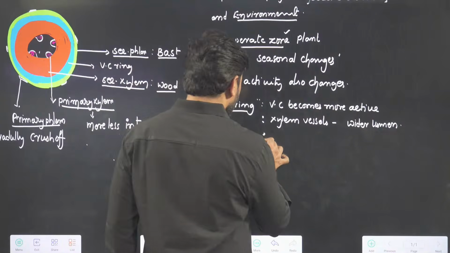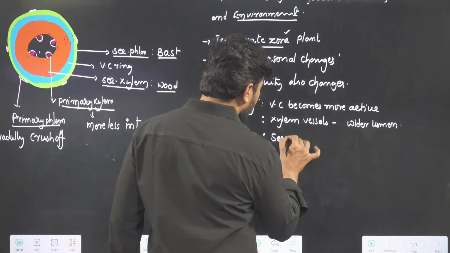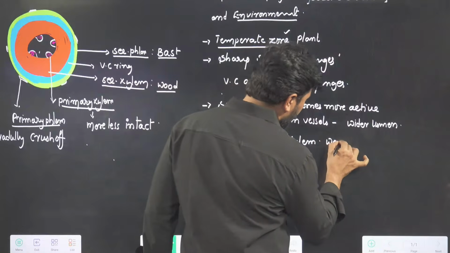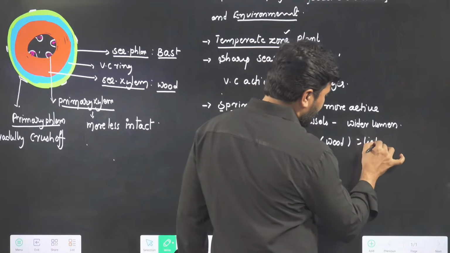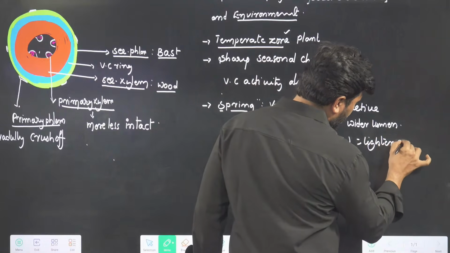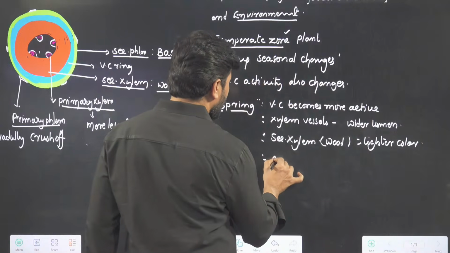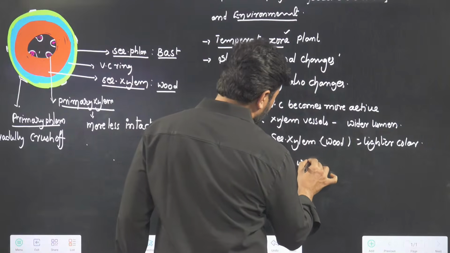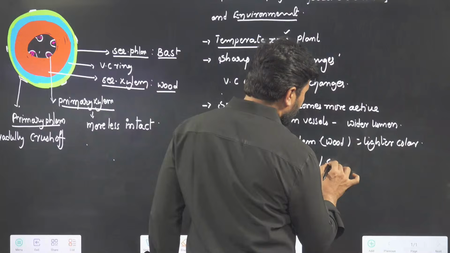As a result, during spring season, whatever secondary xylem will be produced, secondary xylem is nothing but wood, that would appear in lighter color. That lighter color wood is known as early wood, or it is also called spring wood.